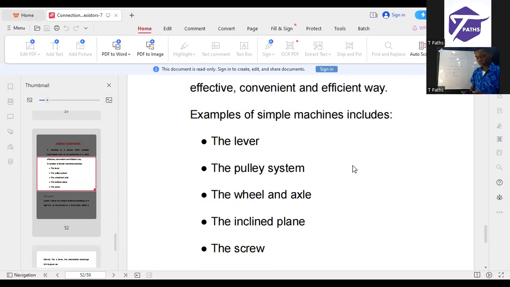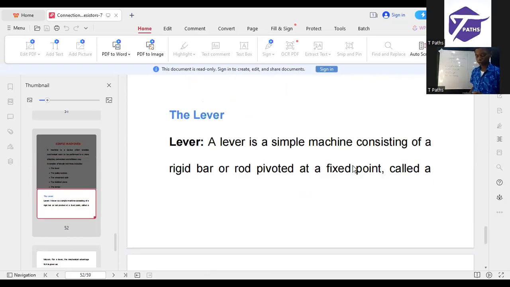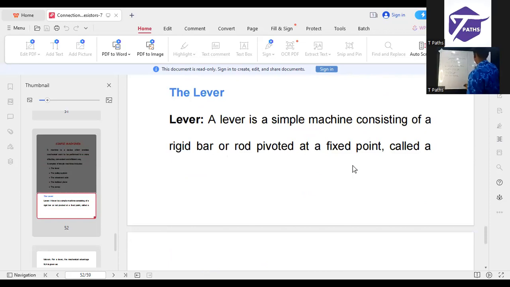A lever is a simple machine, consisting of a rigid bar or rod pivoted at a fixed point. Examples of levers are your scissors, shears, wheelbarrow, and crowbar.